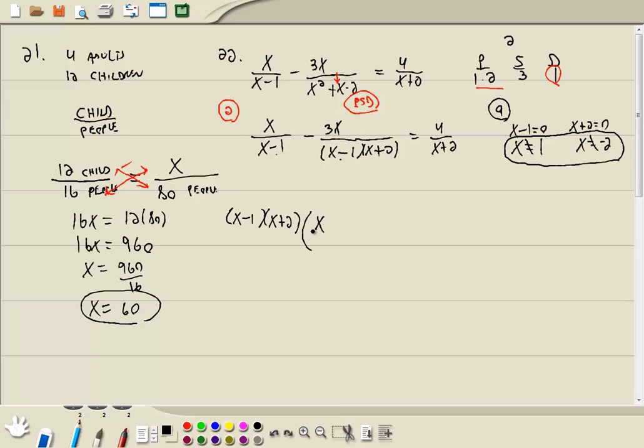And we'll multiply it times our first fraction, minus, and we'll multiply it times our second fraction here. And I'll put it after. Multiplication is commutative, so it doesn't matter if you put it before or after. And then I'll multiply it times the fraction on the right side.